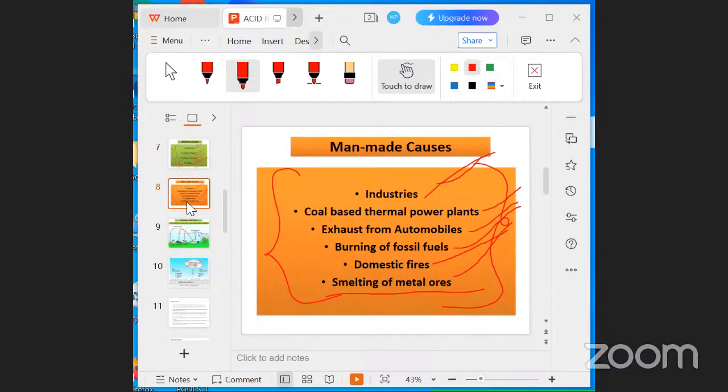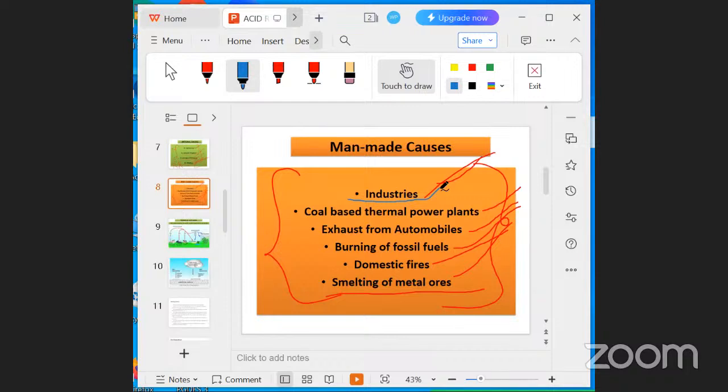So now, man-made causes are called anthropogenic causes. Those are industries, right? Industries means human activities leading to chemical gas emissions such as sulfur and nitrogen.